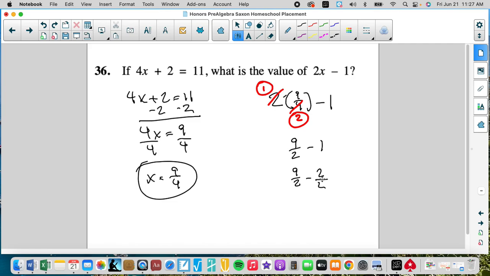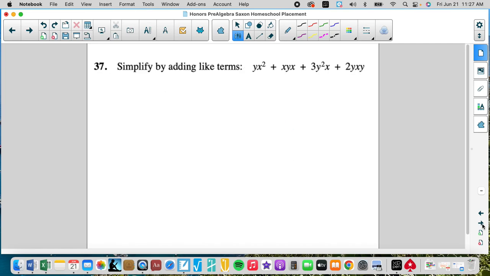And like denominators, 9 minus 2 is going to give us 7/2, and we're going to leave it as 7/2. We are not going to change that to 3 1/2 or 3.5. We love improper fractions. So the value of 2x minus 1 is 7/2. Now we're moving, we're cooking with gas.